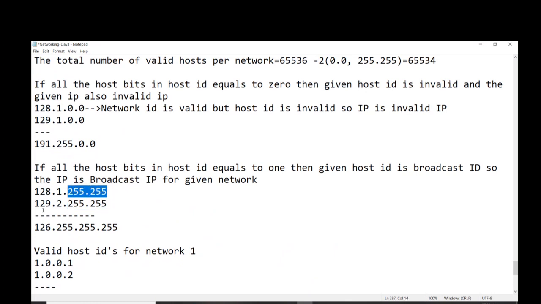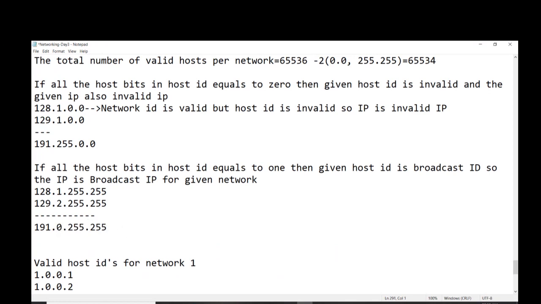For each network, the last one is, if I go 191.255, this is the network ID and this is the host ID. We have to consider this one. Anything you can go with the 0 also.